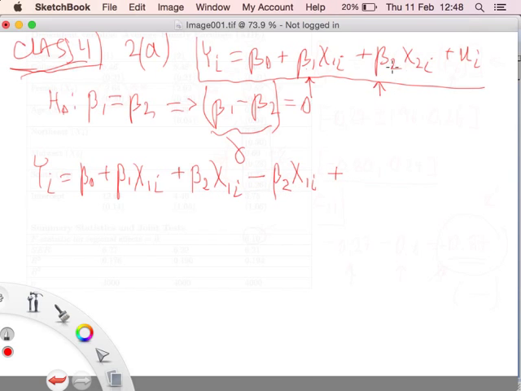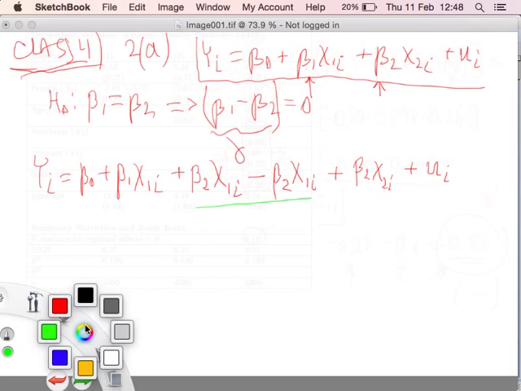Plus my beta 2 x2i. All I did was this part. I added and subtracted this part, so it cancels out automatically anyway. But keep it for now because we need this.